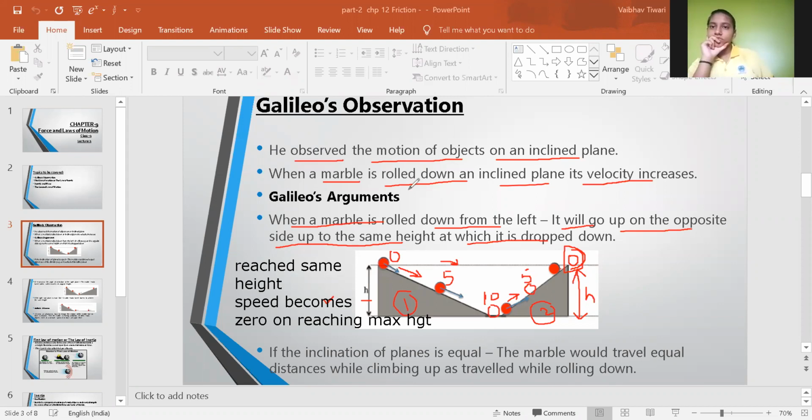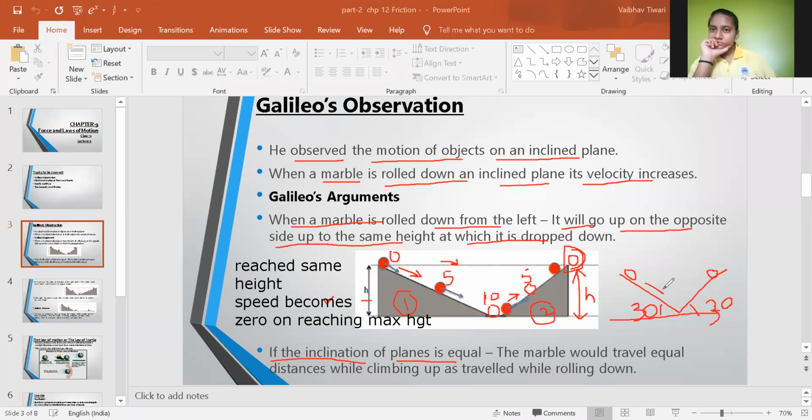Now, it's given that if the inclination of the plane is equal, meaning both the planes have the same angle with the ground, let us say both are at 30 degrees, then in this case, if a ball is left from this side, it will stop after reaching the same height on the second plane, right?